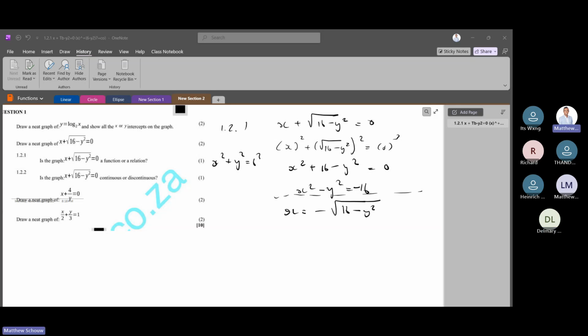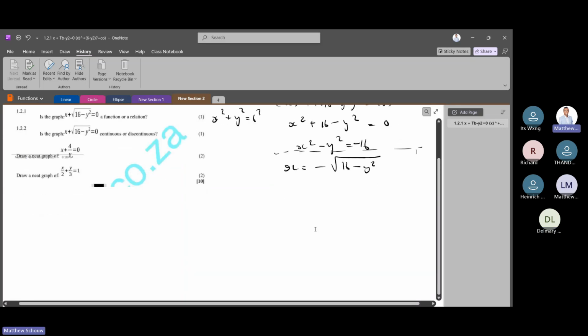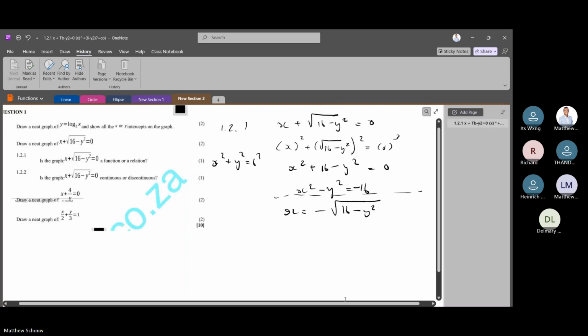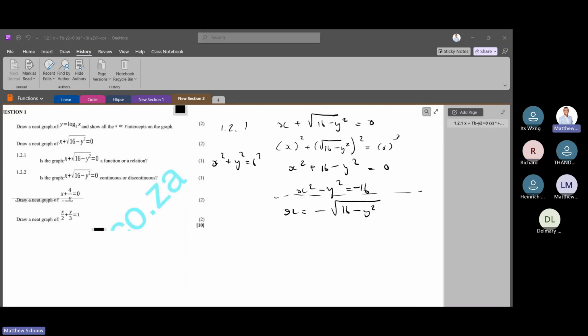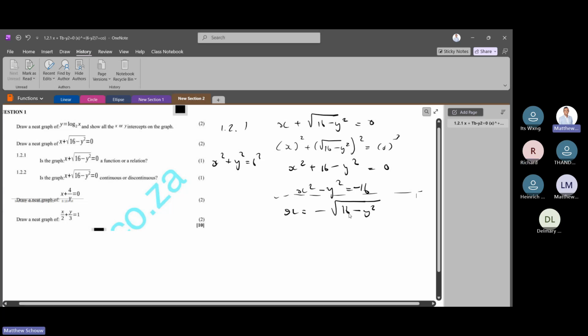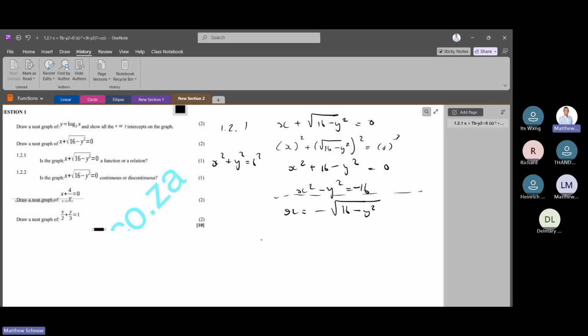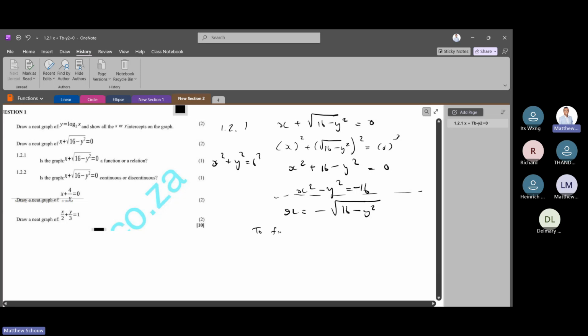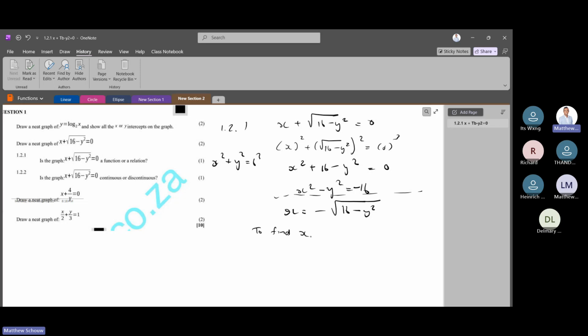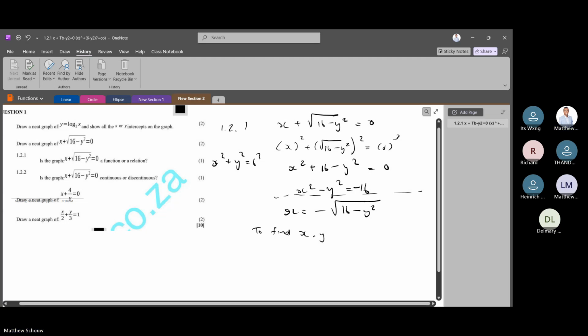And then obviously, all we have to do is, the radius would typically be this value over here, but we can prove this easily. To find x, what happens now? You make y 0, right?